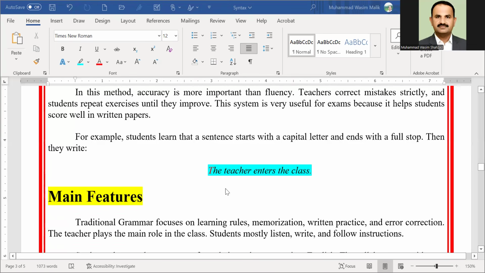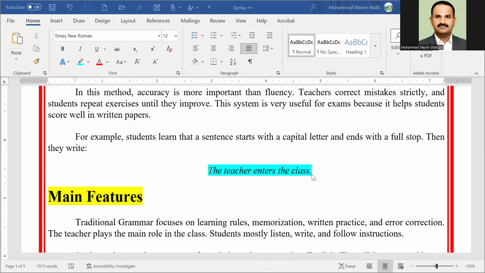For example, students learn that a sentence starts with a capital letter and ends with a full stop. Then they write, the ch is capital.